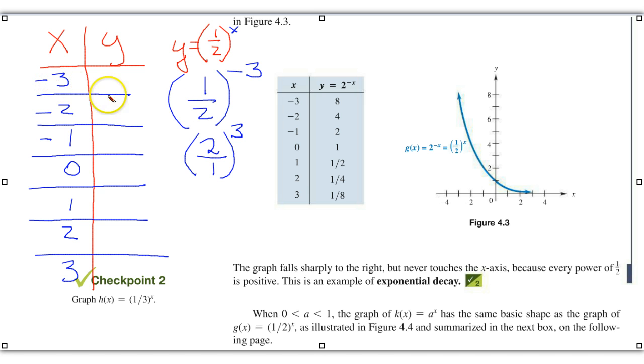So we're going to take the reciprocal of 1/2, which is 2 then, and raise it to the positive 3 power, which is 8. So then this is going to be 4. This will be 2. Anything to the 0 power is 1.